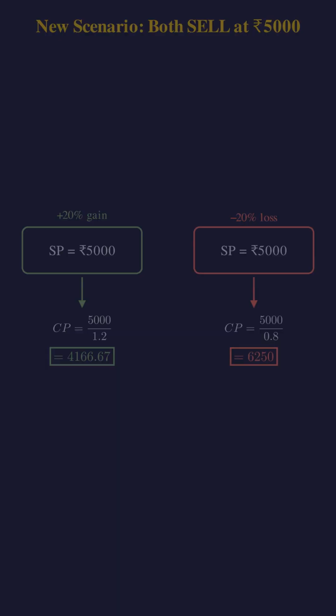For the one sold at 20% gain, cost price equals 5,000 divided by 1.2. That's 4,167. For the one sold at 20% loss, cost price equals 5,000 divided by 0.8.